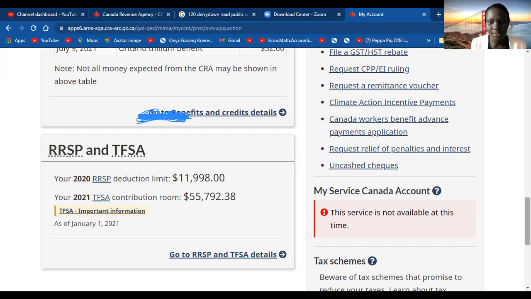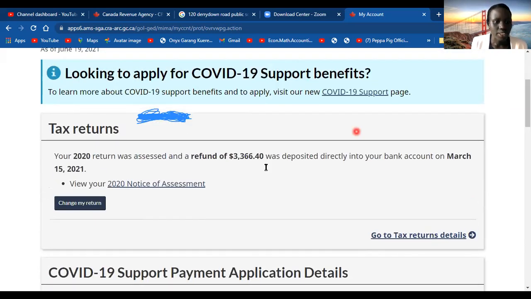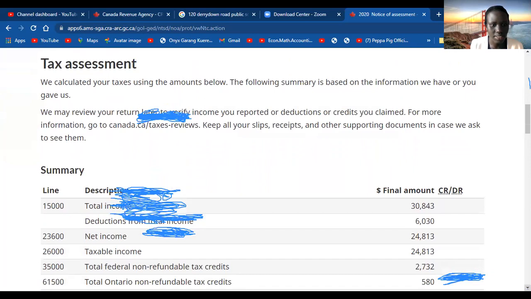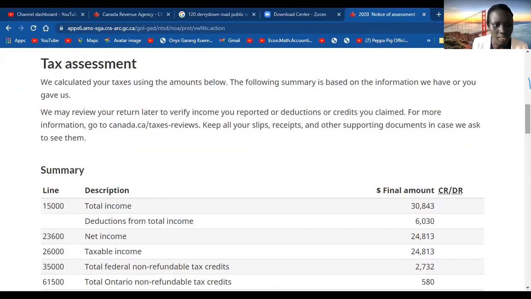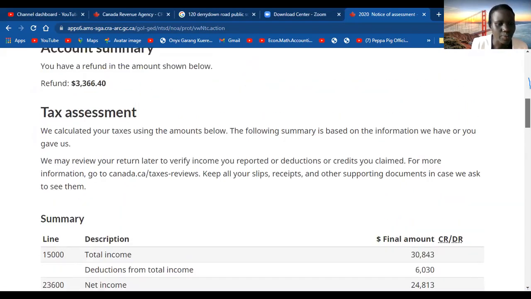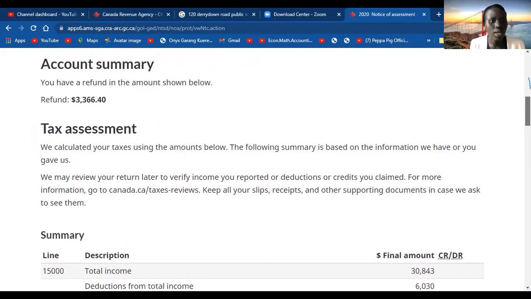So we go down to B, and you click on your notice of assessment for the current year. So when you come here, you have a summary.